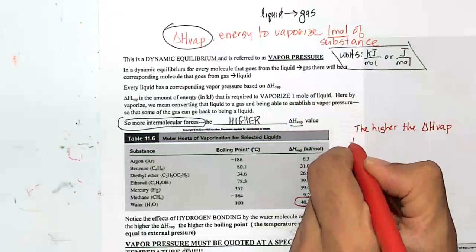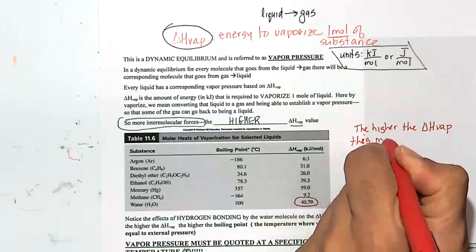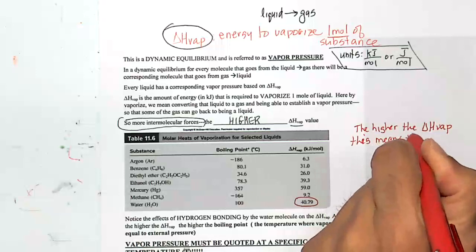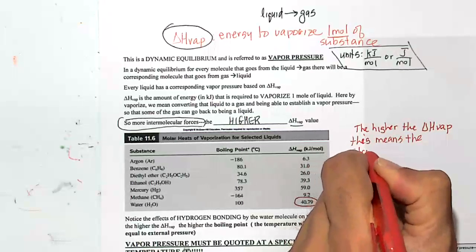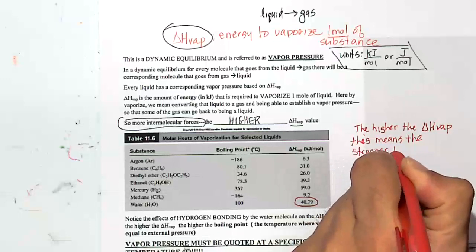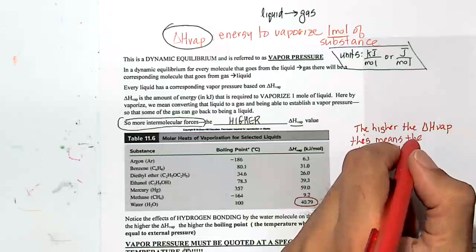So the higher the delta H vaporization, this means the stronger the intermolecular force that must be overcome to get something to vaporize.